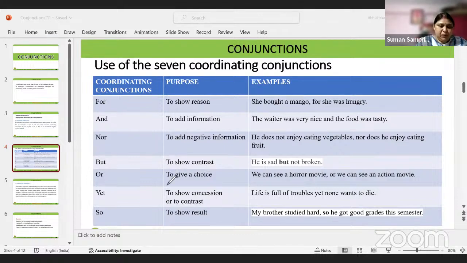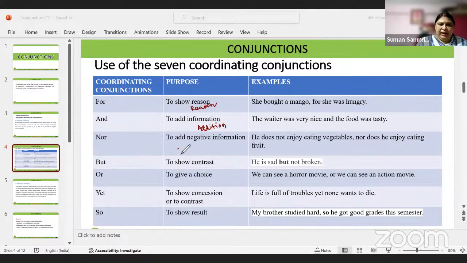Okay, I hope it is clear to others as well. So let us move on. We were at "or". So we are making a selection there. That's why I've written that the job of "and" is addition. What is the reason of "for"? It gives a reason. What is "nor"?